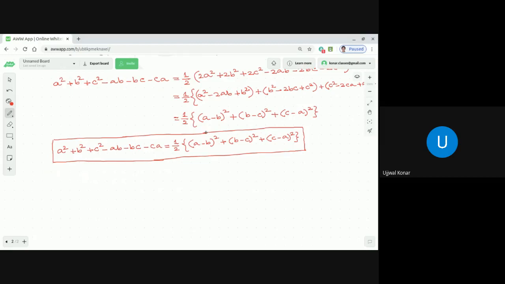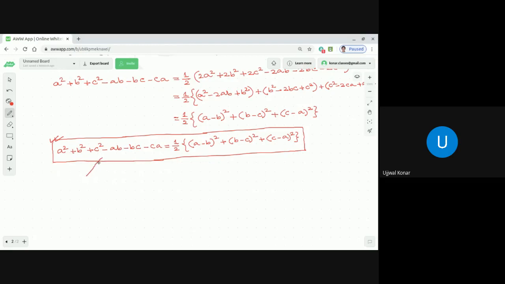That means the right hand side, 1 by 2 into (a minus b) whole square plus (b minus c) whole square plus (c minus a) whole square, is a positive term. Since this is an identity, the left hand side, a square plus b square plus c square minus ab minus bc minus ca, should also be positive. So that is the first important observation.